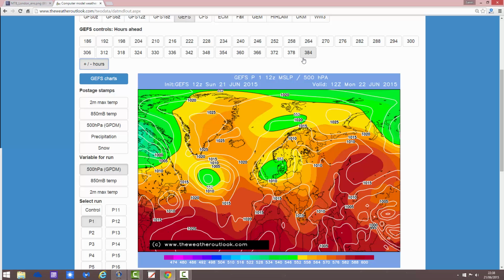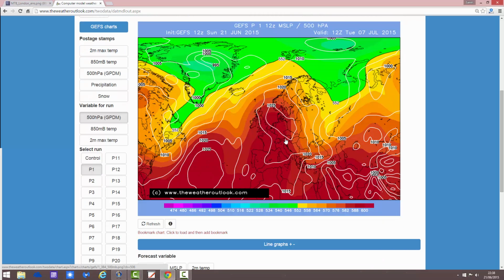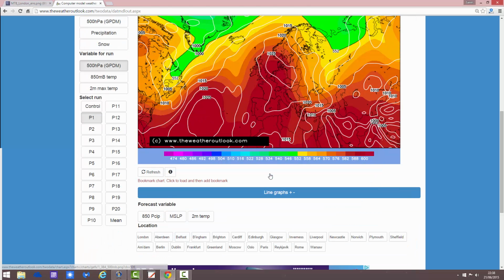All the other members of the ensemble do that as well. So P number 1 finishes up like this at 384 hours away, which is Tuesday the 7th of July. It finishes up very warm, if not hot, really hot air coming up from the south with this, and a high pressure system centred nicely over Germany, pulling up that heat.